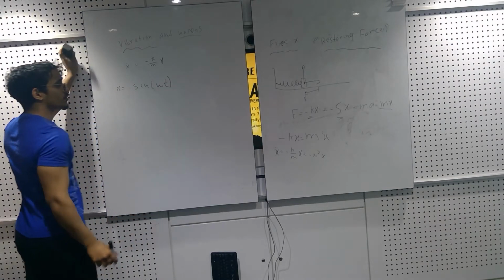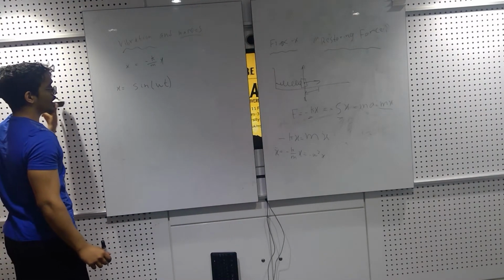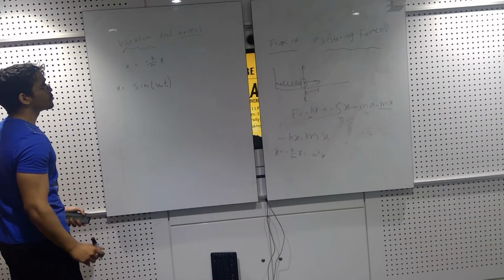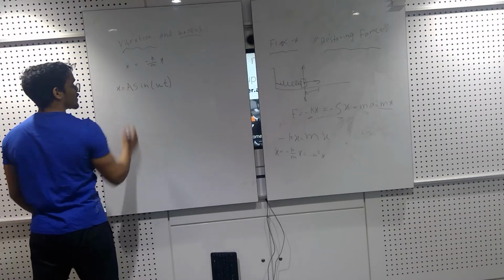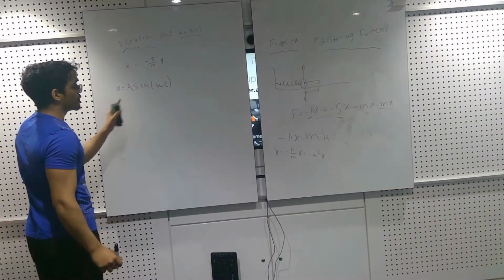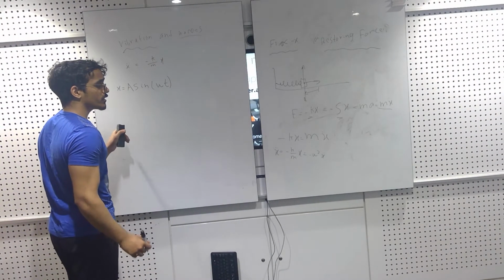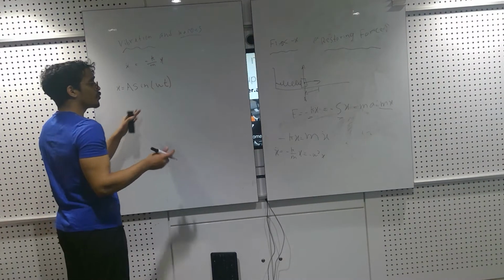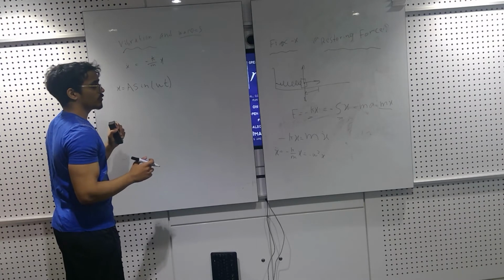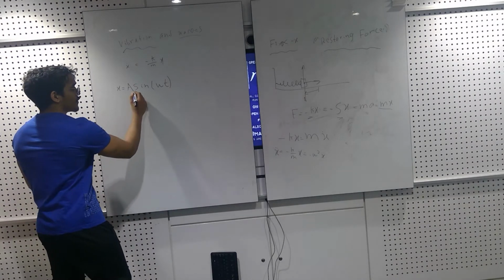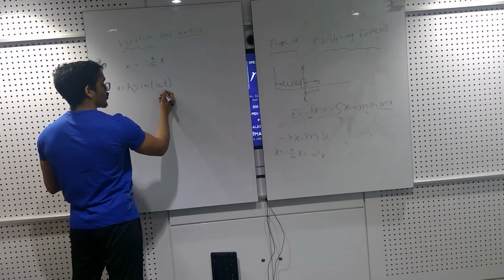That's one reasonable solution. Another reasonable solution is x equal to A sine of omega t, which makes more sense because, as we saw in the amplitude, we want the function to include it. We're going to find out why it makes more sense. So there is another possible solution.